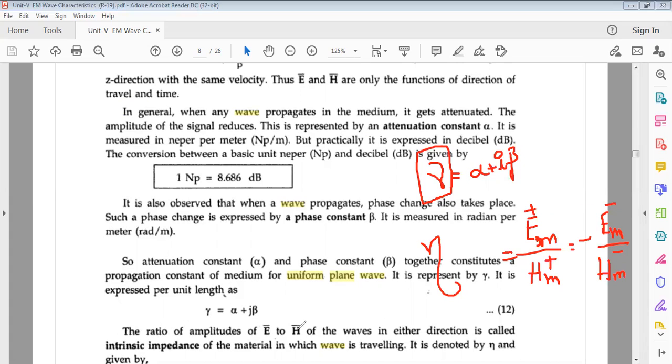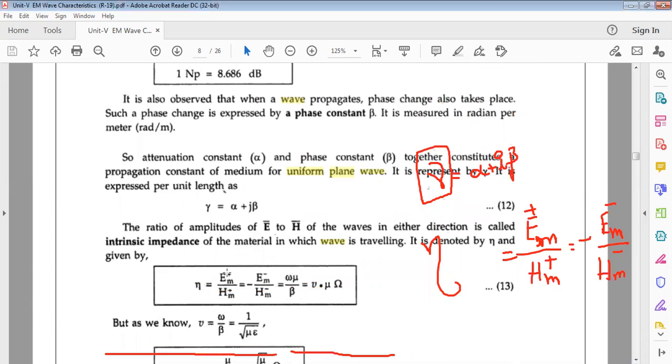The ratio of amplitudes of E bar to H bar, EM plus by HM plus of the waves in either direction, is called the intrinsic impedance of the material in which the wave is traveling. It is denoted by eta. Eta is equal to EM plus by HM plus, which is equal to minus EM minus by HM minus.